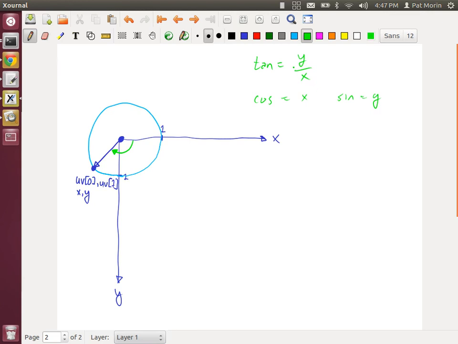But all of those things are functions that take an angle as an argument, and they give you back an x-coordinate, a y-coordinate, or the ratio between the y and x coordinates. But what we have is a pair of coordinates, a point, and we want the angle instead. You're not quite just getting the x or the y from your sine and your cosine.